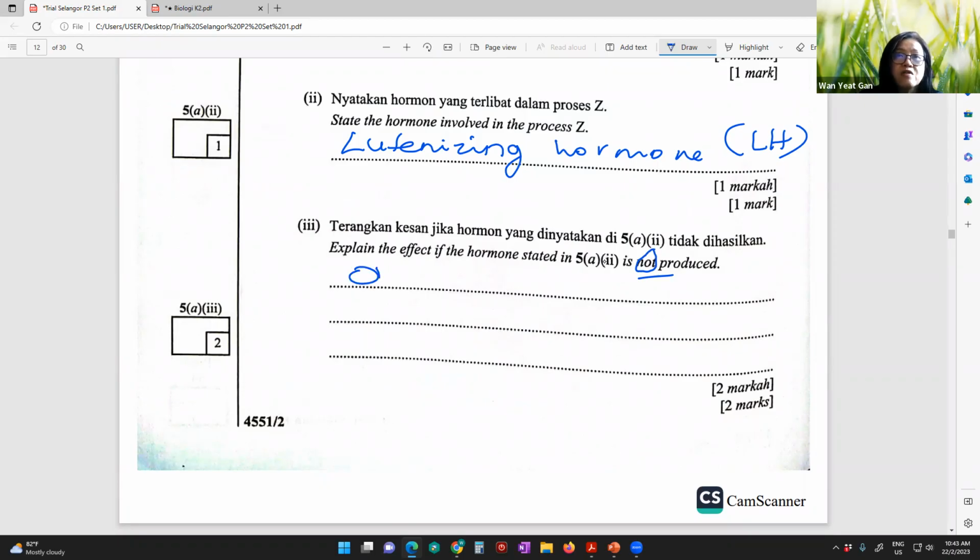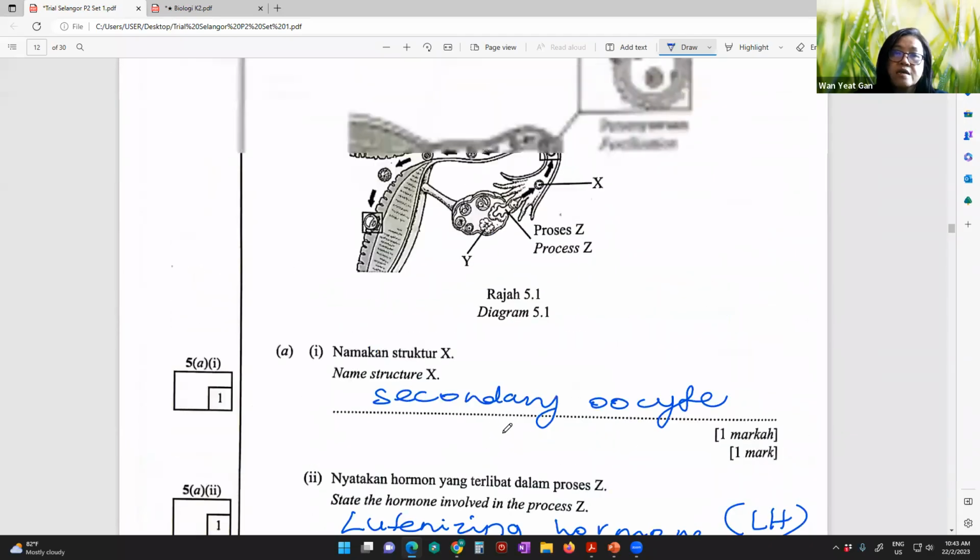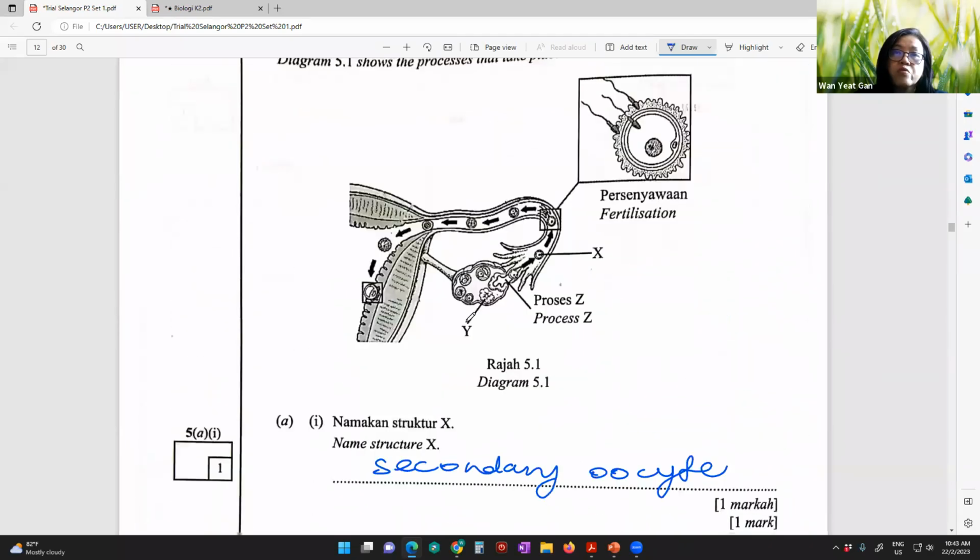If there is no luteinizing hormone, then ovulation cannot occur. After ovulation occurs, the remaining follicle, which is Y, will form corpus luteum.